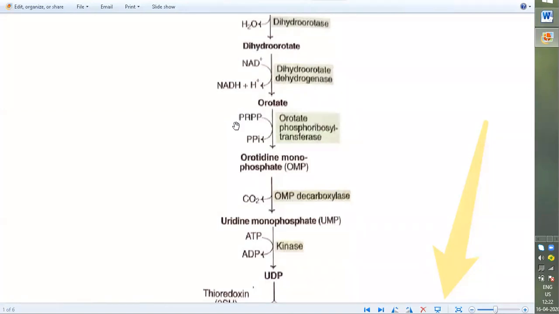The nucleoside contains a ribose portion as well as one phosphate portion, and it will be attached to the orotate. That's why this is called orotate phosphoribosyl transferase. That means orotate is transferred to phosphoribosyl phosphate, so this is orotidine monophosphate.